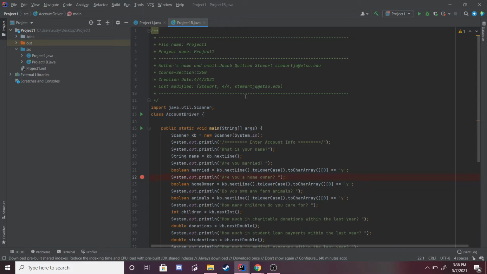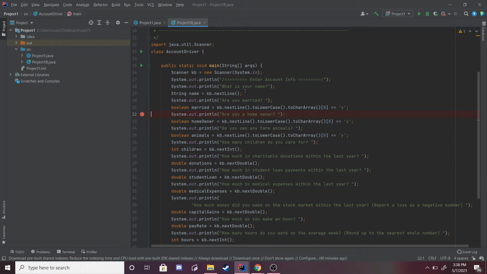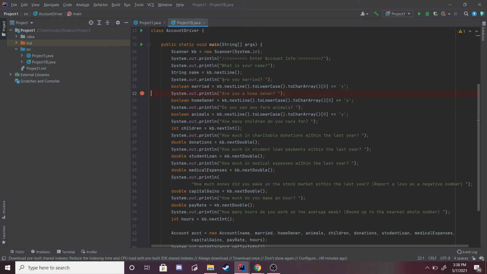So for the second part of this project, we have a driver, and the driver will print out the info. We've got a public static void main and a scanner that will allow you to input different responses.